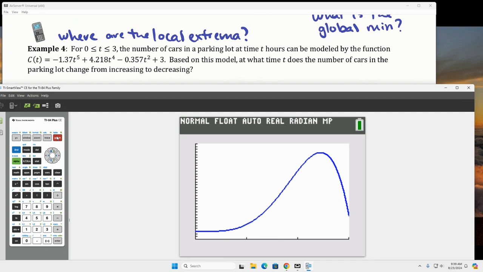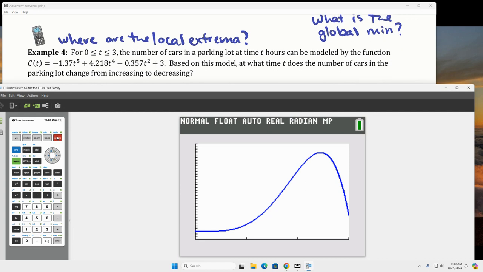There you go. And we just want to know where. So what x would there be a local min? X's, I should say. There's two of them.